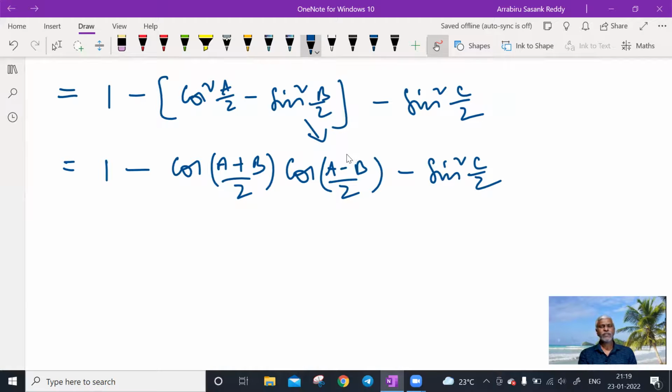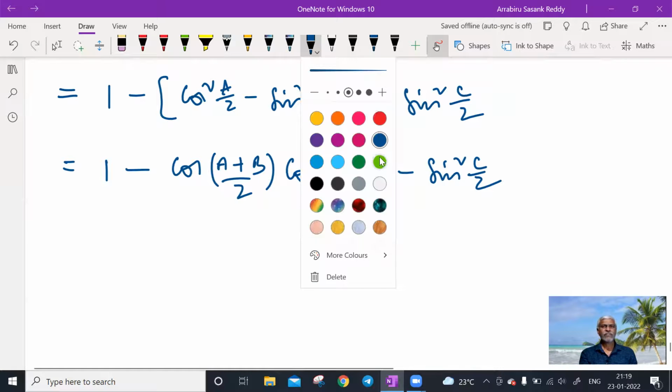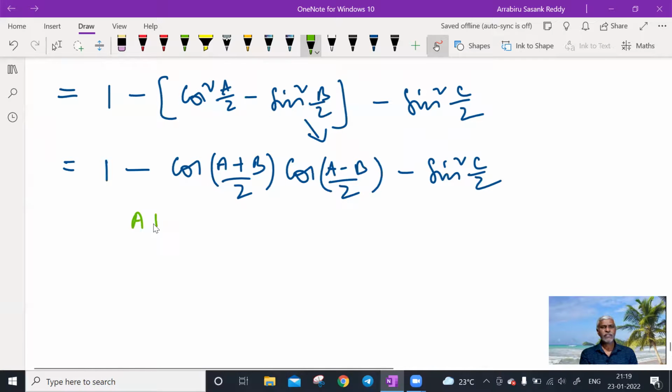Here it is A by 2, B by 2, so cos (A plus B) by 2 and cos (A minus B) by 2. Now let us convert this. A, B, C are angles of a triangle, so A plus B plus C is 180 degrees.